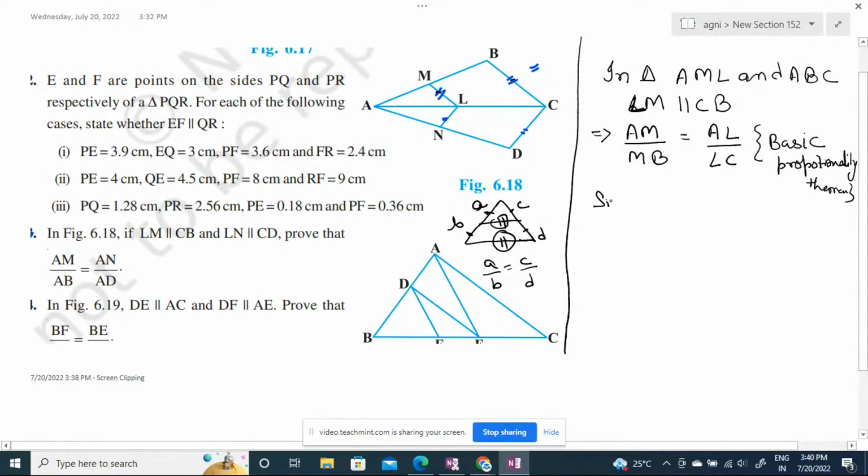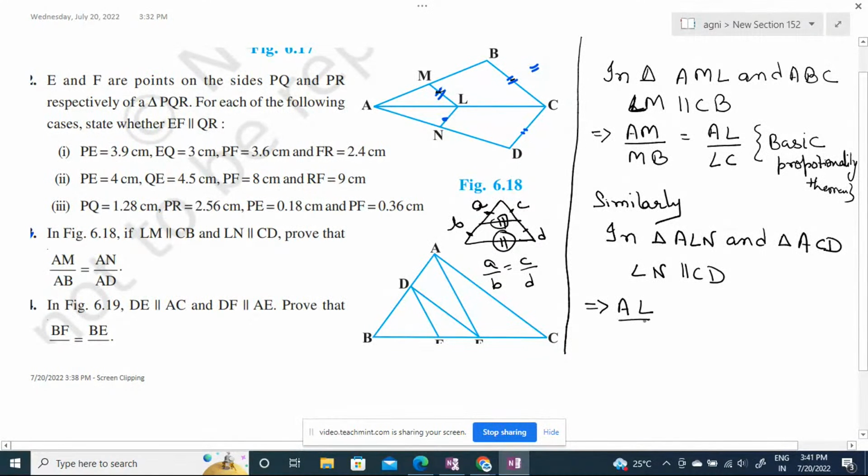Now similarly, in triangle ALN and triangle ACD, it is given that LN is parallel to CD. So AL over LC is equal to AN over ND.